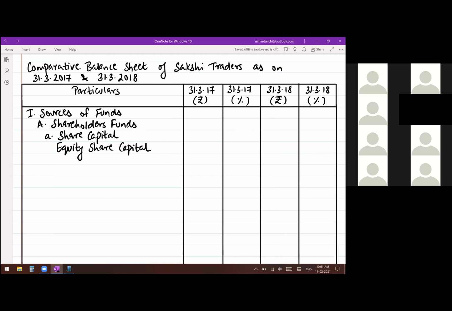Have a look in the question. Equity share capital in both columns 17 and 18, the amount is 80,000. Only write in the amount column. So it will be in the first column 80,000 and directly in the third column 80,000.